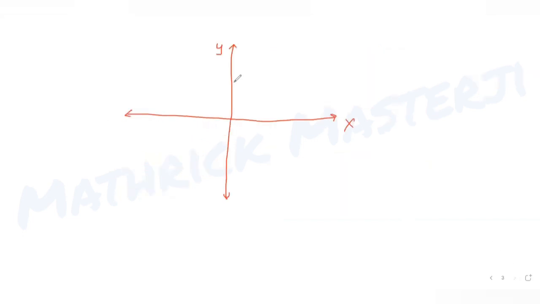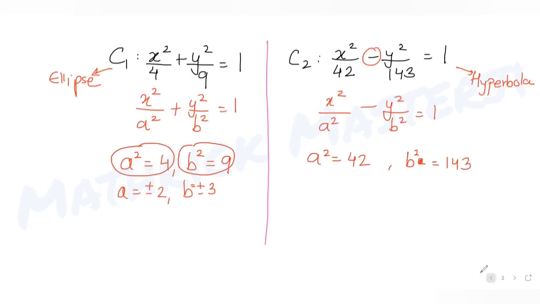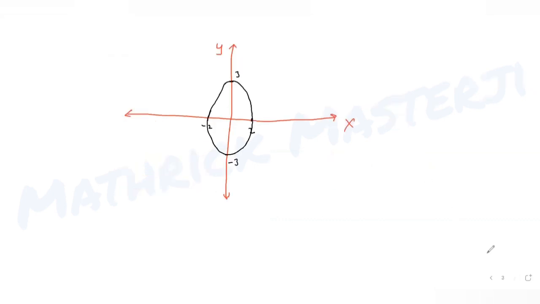It touches here at plus 3 and minus 3, and here at 2 and minus 2. And you have your hyperbola also, where a square is 42 and b square is 143, so it will look something like this. So this is your ellipse and the hyperbola.